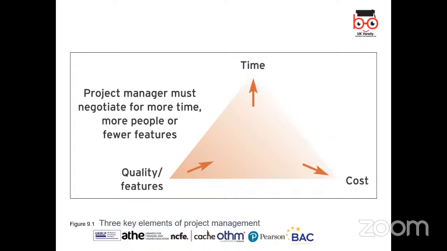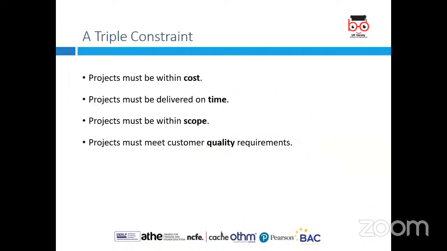Part of the skills that has to come from a project manager is the capability to handle all these constraints in order to make the project successful. We have mentioned the three constraints, and the outcome that will come from them will be the quality of the project.